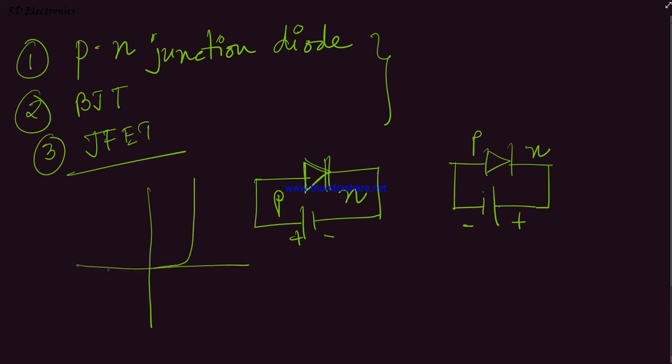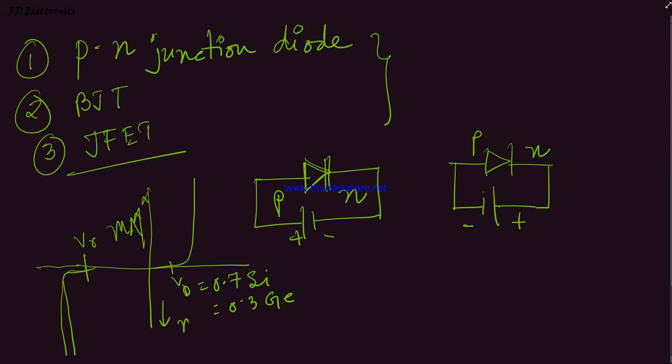This is the ideal characteristic of a PN junction diode. This is the forward bias and this is the reverse bias. This is the reverse voltage, and this is the forward voltage, which is 0.7 for silicon and 0.3 for germanium diode. This is also known as the reverse breakdown voltage. One thing should be remembered: the forward current range is milliampere and the reverse current range is nanoampere.